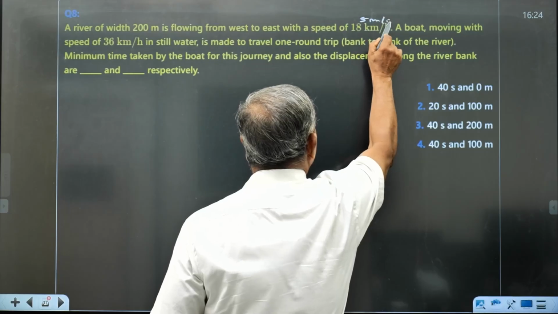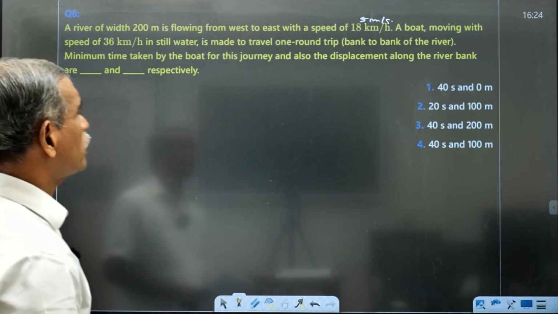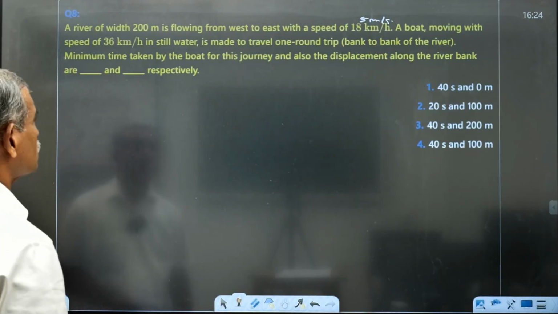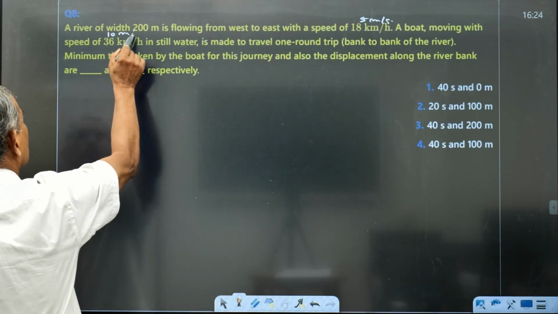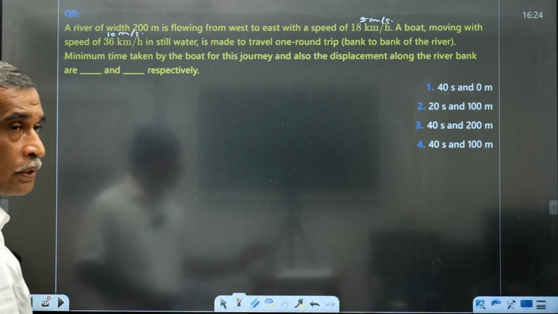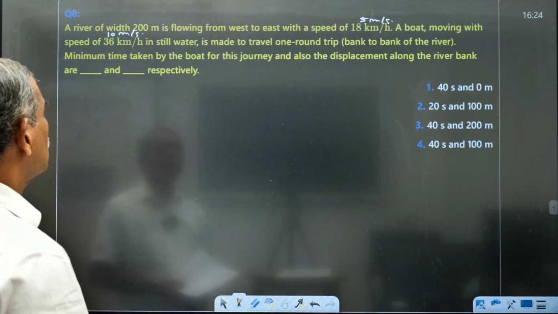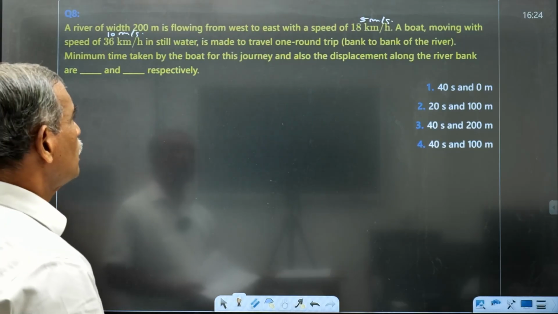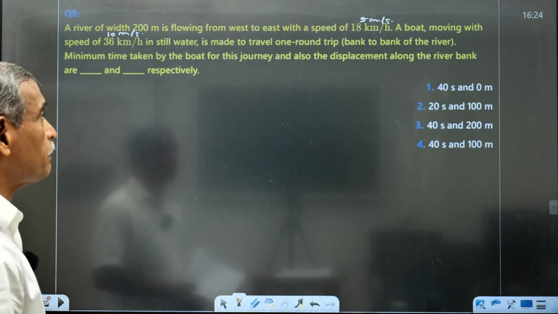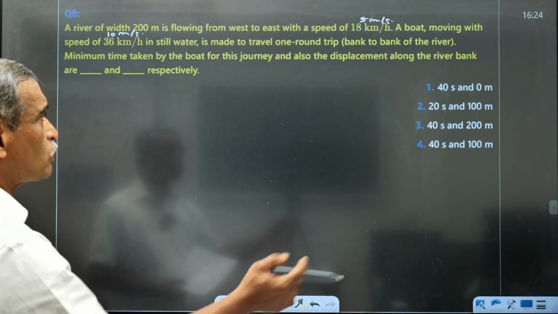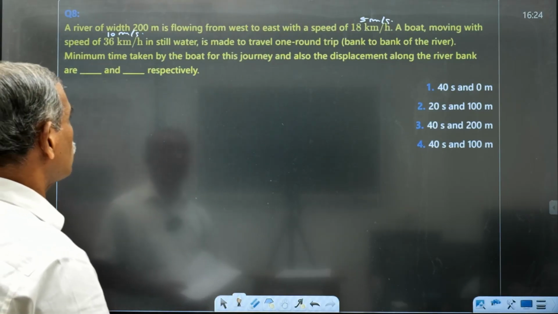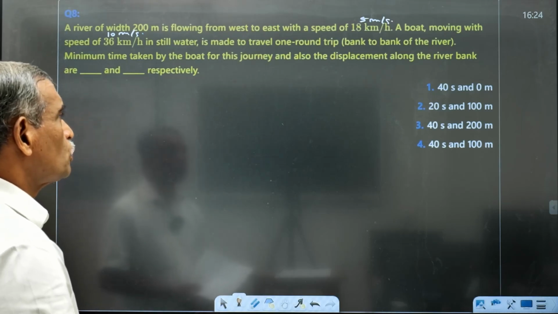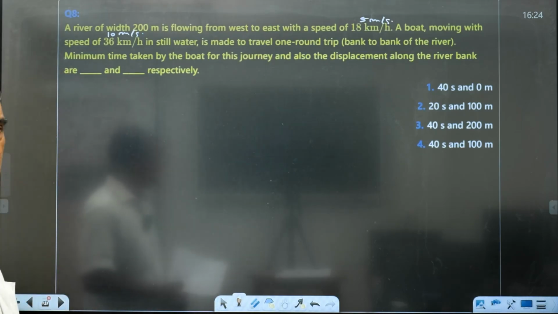A boat moves with the speed of 36, which means 10 meters per second, in still water. It makes one round trip, bank to bank of the river. The minimum time taken by the boat for this journey and also the displacement along the river bank are asked.